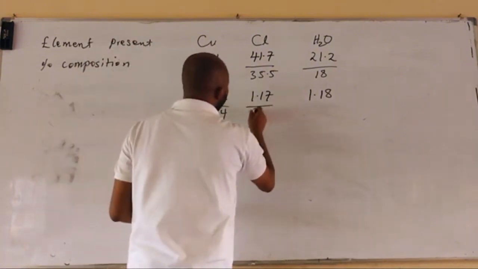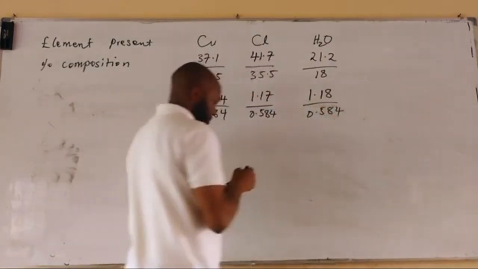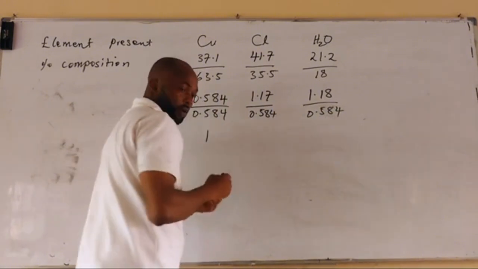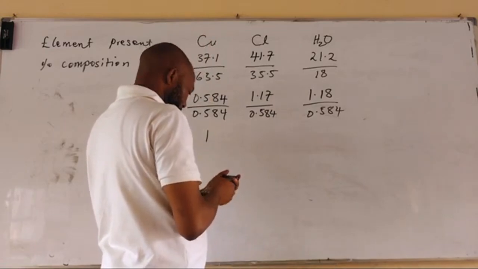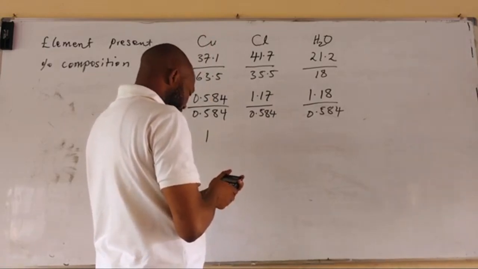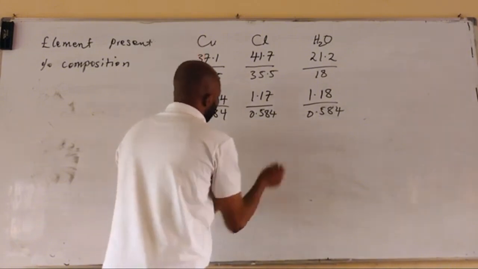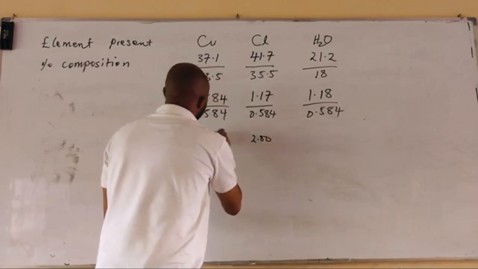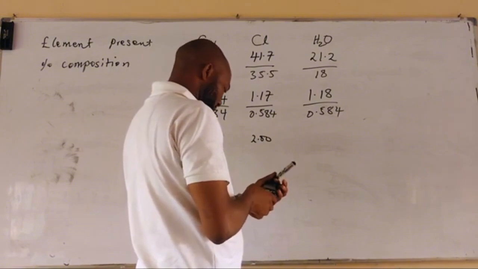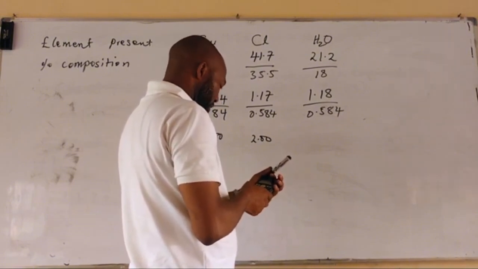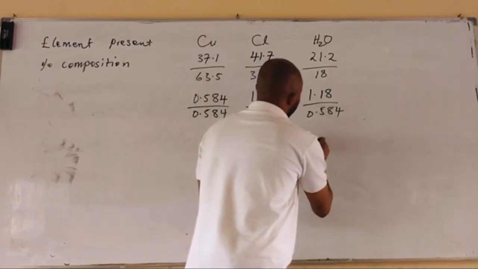Now, having gotten this, the next thing is to divide by the smallest, which is 0.584. Here is 1. And here, 1.17 divided by 0.584 is 2.00. And the other one, 1.18 divided by 0.584 is 2.02, approximately 2.0.